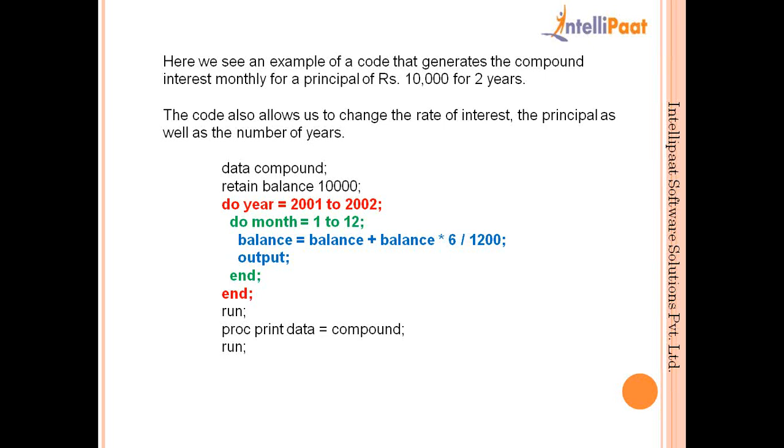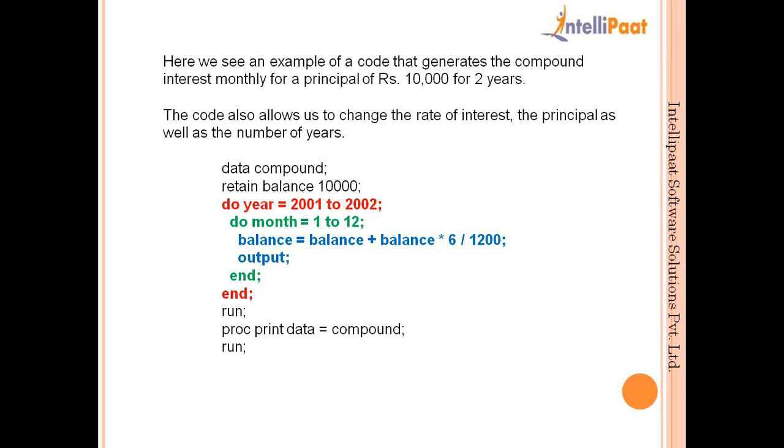Here we have an example of code that generates compound interest monthly for a principal of 10,000 for 2 years, right? The code also allows us to change the rate of interest, the principal, as well as the number of years. You can see the code given here: data compound, this is the name of the data set, retain balance 10,000.